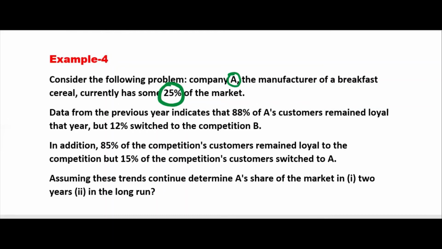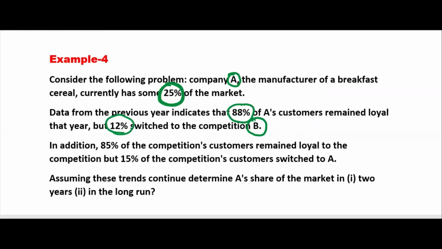That means 25% of customers take this product from company A, and the competitor is B. Obviously B has 75%. Now the data shows that 88% of A's customers remain loyal that year, but 12% switched to the competition B.